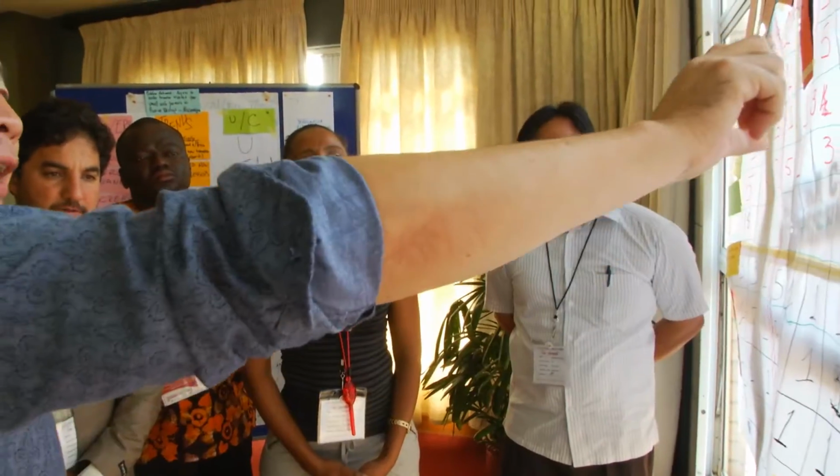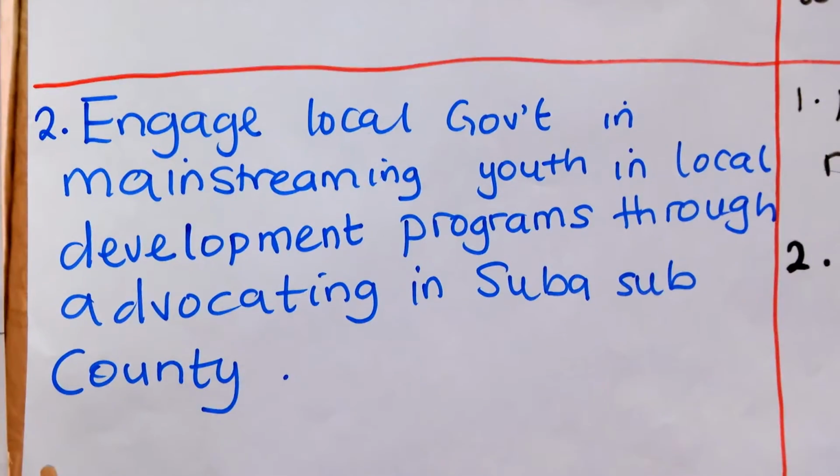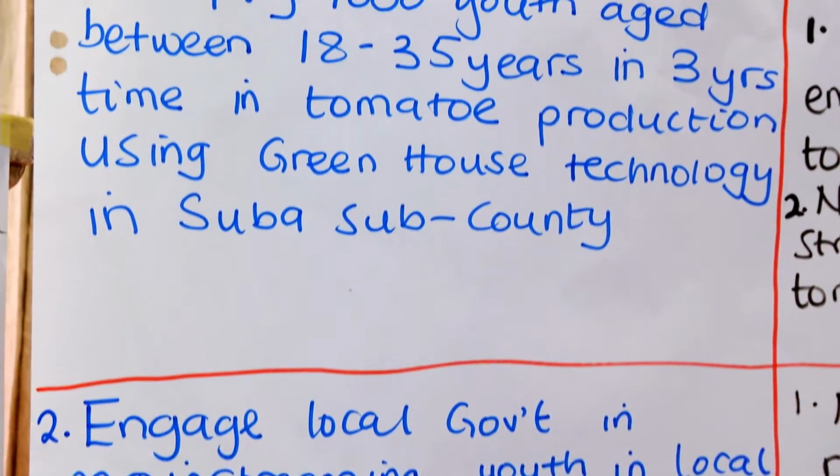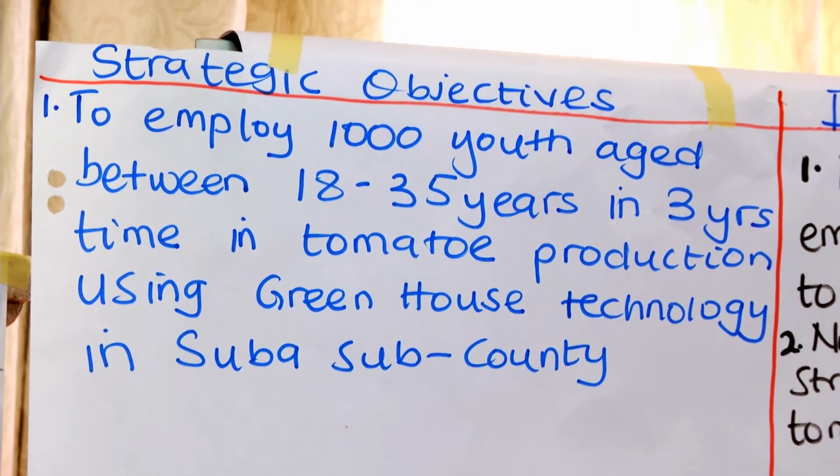Honestly, I gained lots of things through this course because I learned about practical examples of how to improve local economic development, for example, by involving youth in agriculture and also by providing incentives for them. And these examples can be implemented in my working condition.